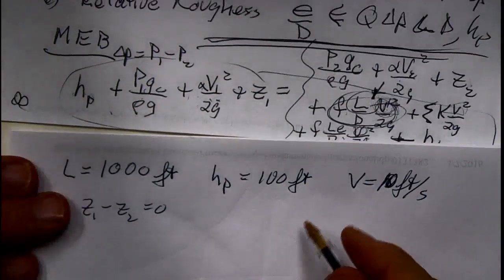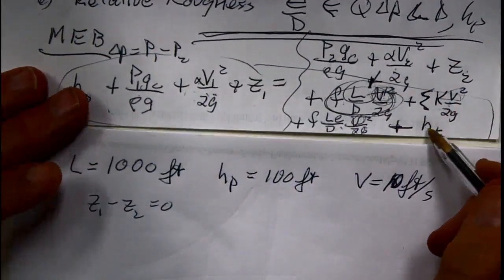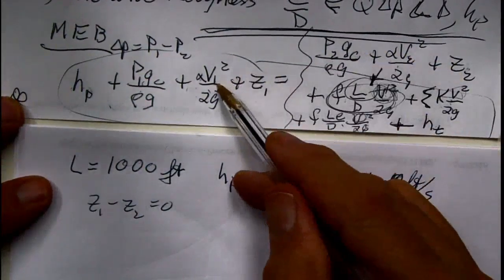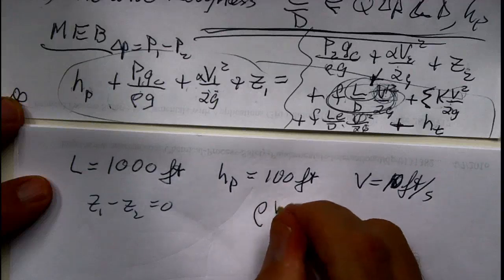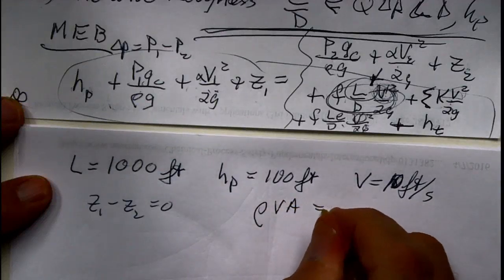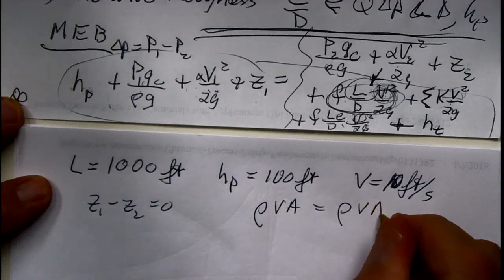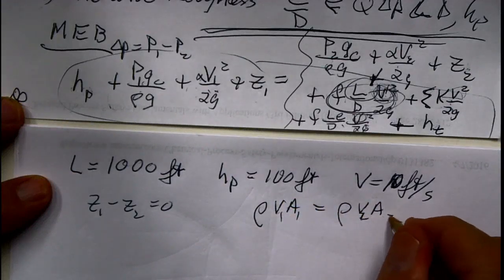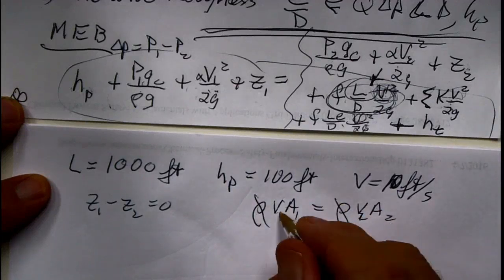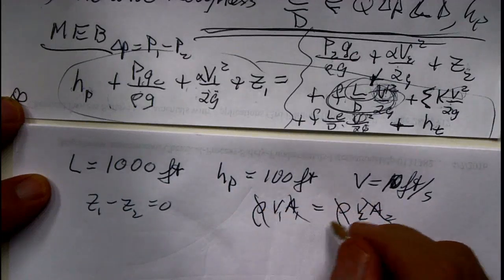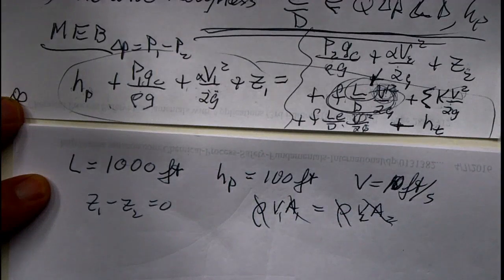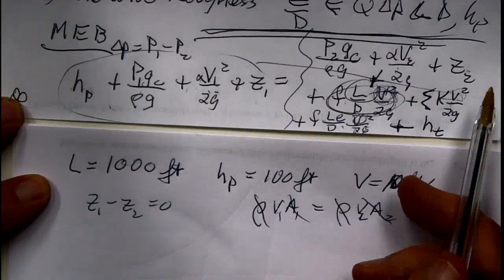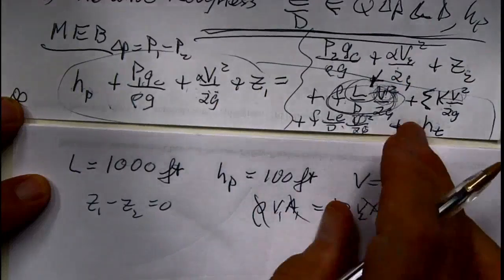And so if I plot, this term goes, this term goes, this term goes, Z1, Z2 go, V1 and V2 will go because I have my famous rho VA equals rho VA. Densities are the same, areas are the same, velocities are the same. So V1 and V2 effectively cancel each other, Z1 and Z2 cancel each other.